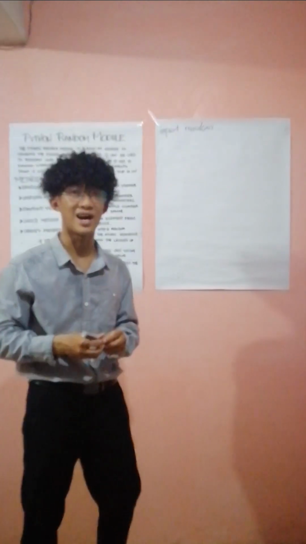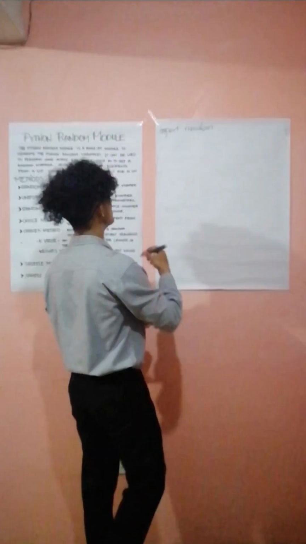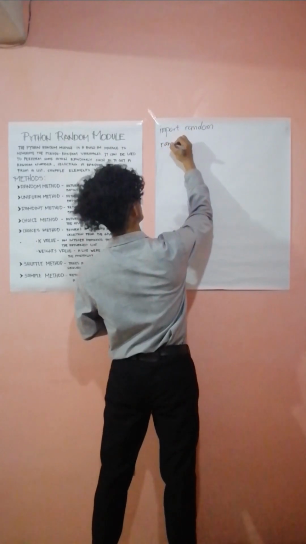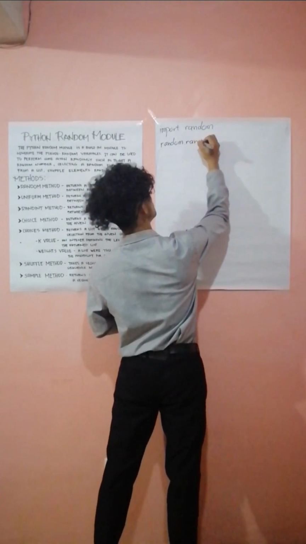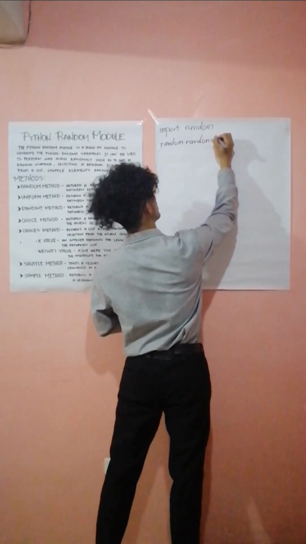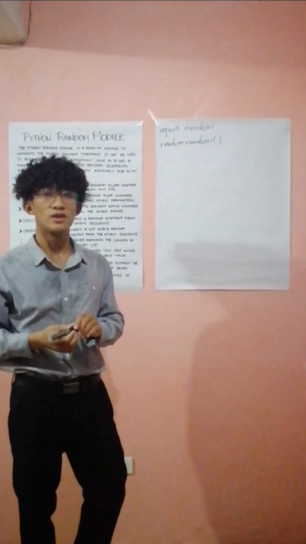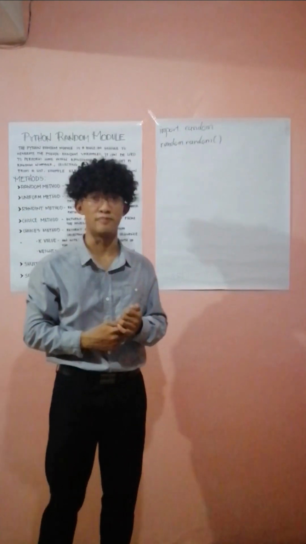So as we go back, how can we declare the random method? First, we should type random dot random. And don't forget the parentheses. Simple as that, you already use the random method, random.random().